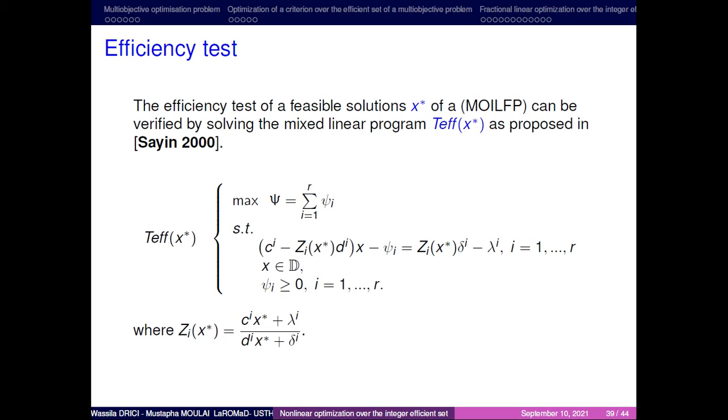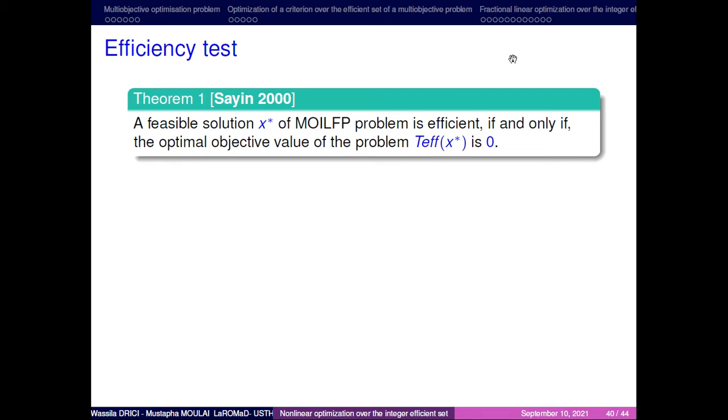We have to maximize in the set of feasible solution D the sum of the positive variable psi such that CE minus ZE x star DE x minus psi equal to ZE x star gamma E minus lambda E for each criterion E, where ZE x star equal to CE x star plus lambda E divided by DE x star plus gamma E. A feasible solution X star is efficient if and only if the optimal value of the problem TF X star is 0.